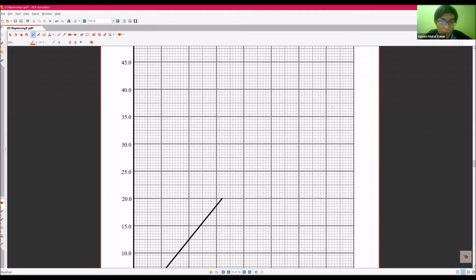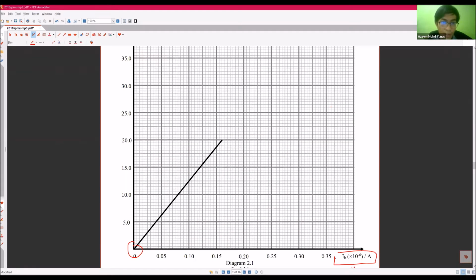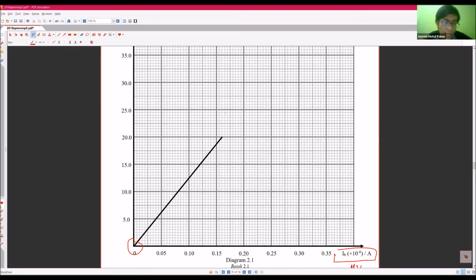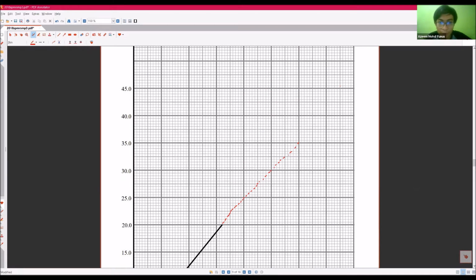We see that the 25.0 here is not on the straight line, so what we should do is extrapolate. Make sure that you use a ruler. You can extrapolate as long as you want. I make it until 45.